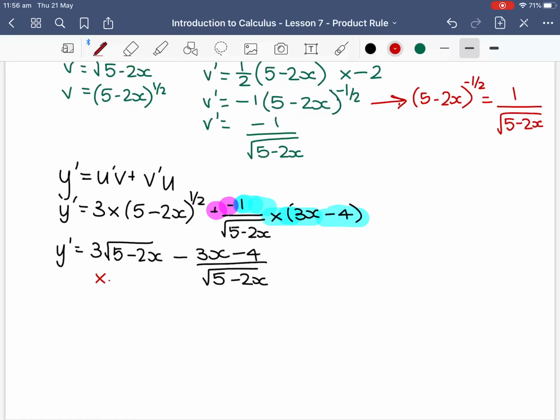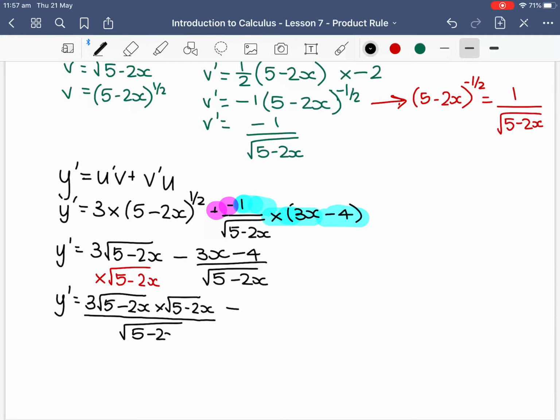So what we're going to do is we're going to multiply this term, our first term, by the square root of 5 minus 2x. So then we will have y dash equals 3 root 5 minus 2x times the square root of 5 minus 2x, all over root 5 minus 2x, minus our 3x minus 4 over our root 5 minus 2x.